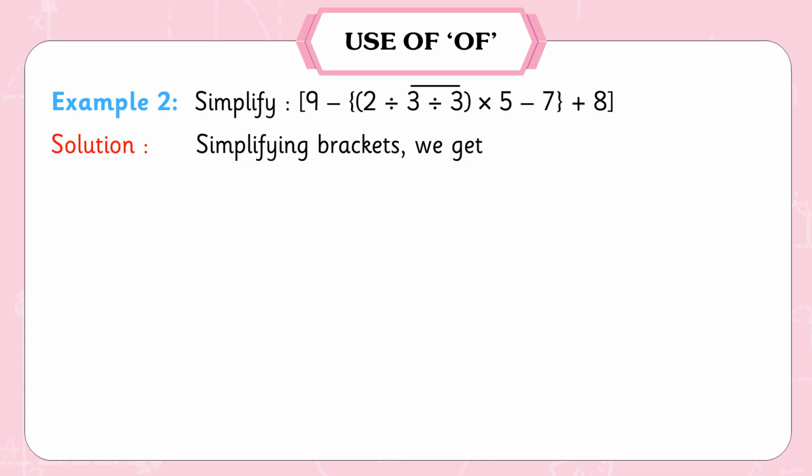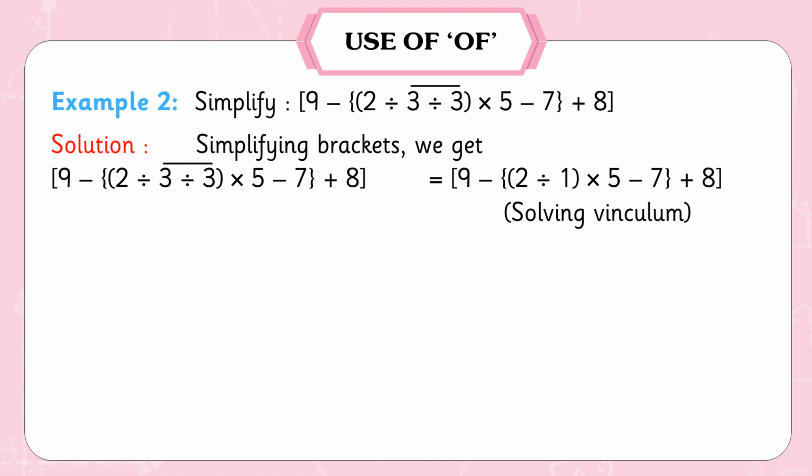Simplifying brackets, we get [9 − {(2 ÷ 1) × 5 − 7} + 8].